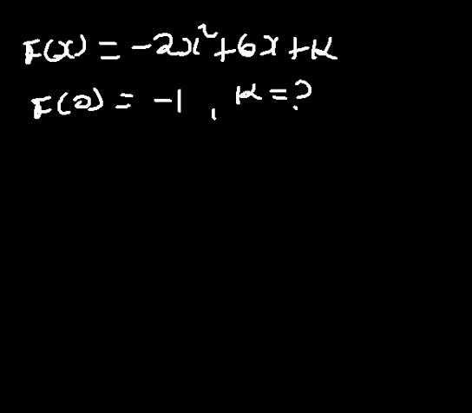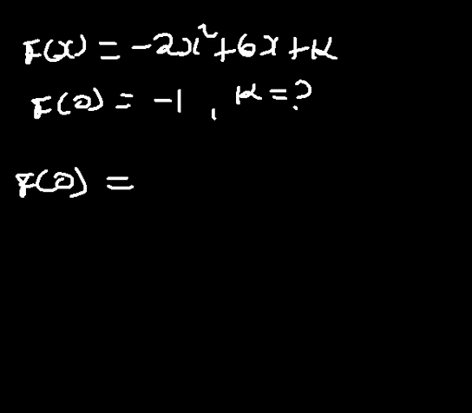So in this case, we have the input given as 0 and the output is given as negative 1. Now you have to understand f of 0. What is f of 0? Where there's x, we are going to put 0.